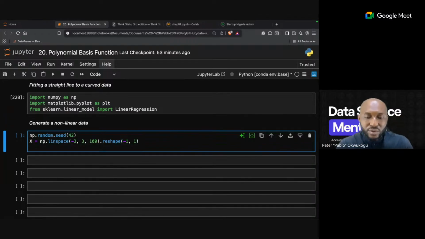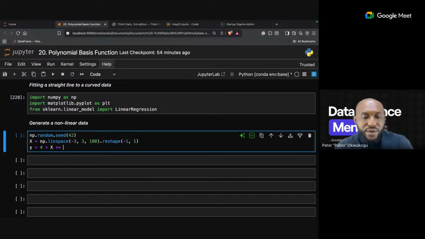Then we'll go on to y. And then what we're going to do is create a non-linear situation, right? So I say 4 plus, so we're just going to create some noise and then use a quadratic equation to create some non-linearity. So we're going to say 4 plus x, which is what we have here.